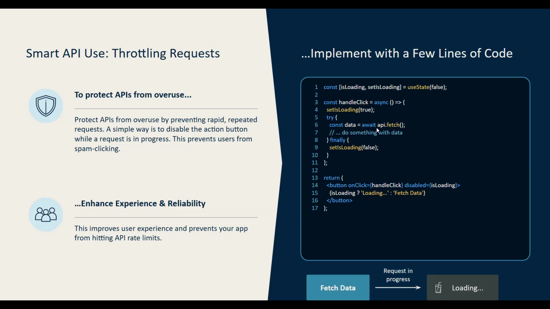So if the user keeps performing the same searches, that is where throttling would help us avoid all that unnecessary traffic to the server. So caching helps when the user repeats the same request, and throttling helps when users trigger requests too quickly.